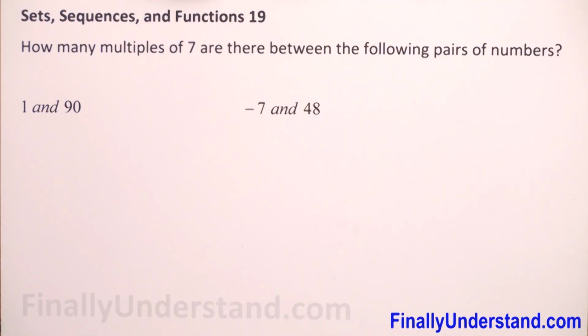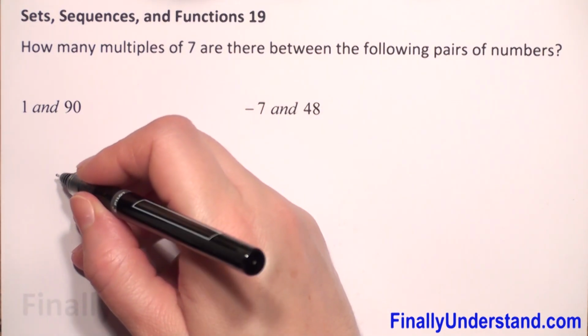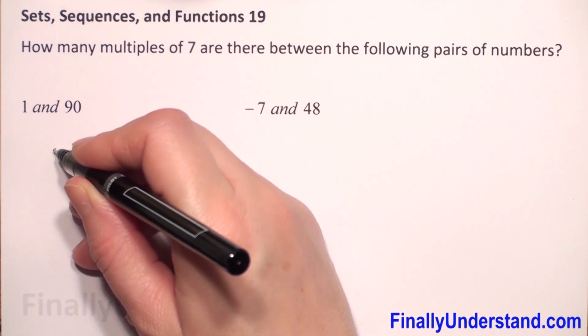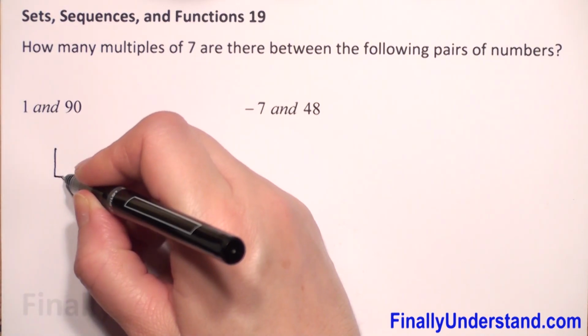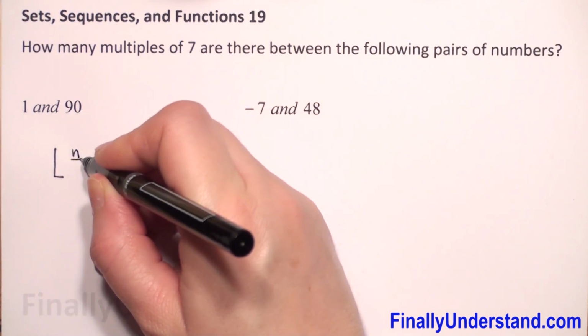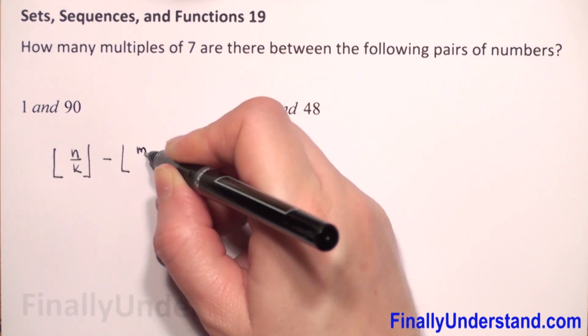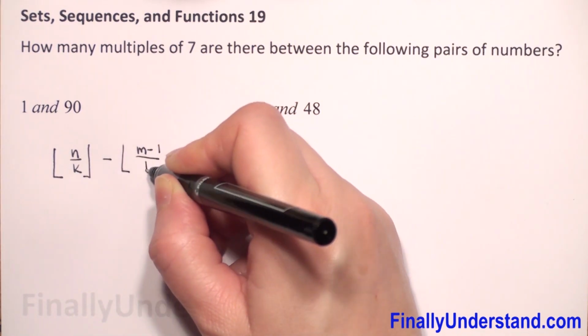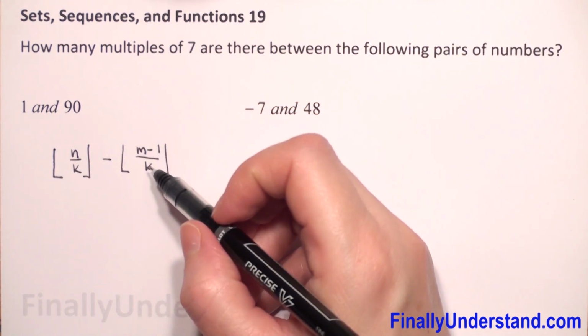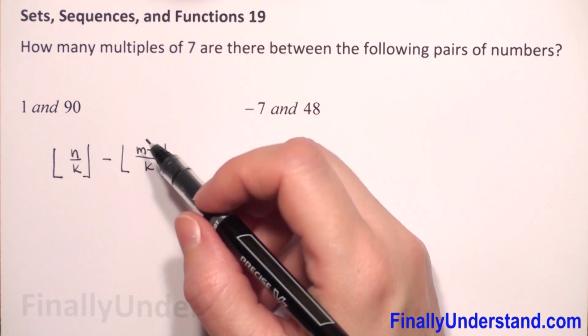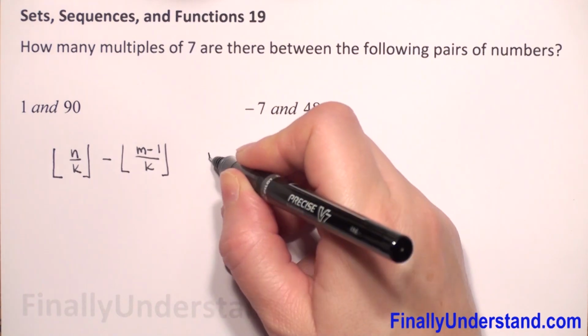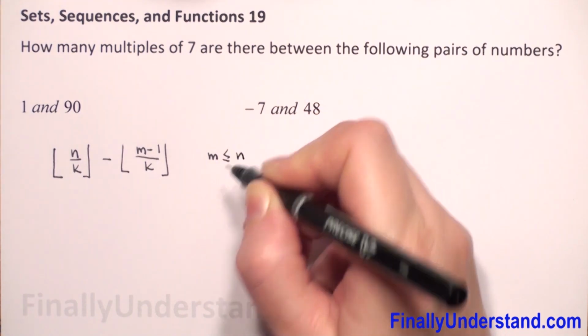First, we know that for the number of multiples of k between m and n, we use the formula that the number of multiples is floor of n over k minus floor of m minus 1 over k, where k is the number we take multiples of, and we know that m is less than or equal to n.